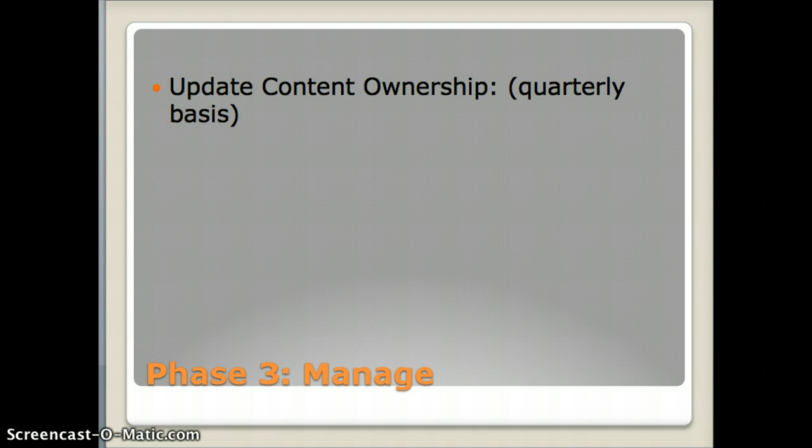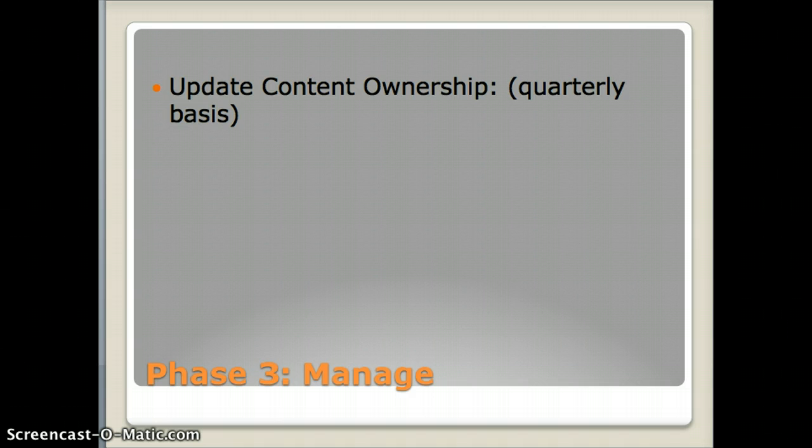The key here is to update content ownership. This has to be done on a quarterly basis, and what this means is that you have to review the ownership and make sure to reflect those changes.